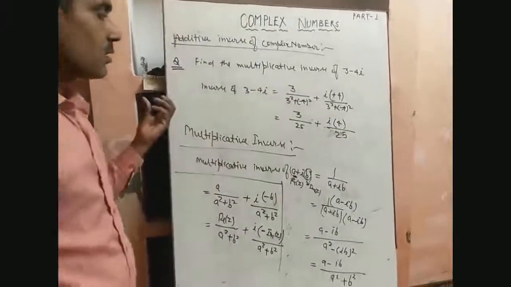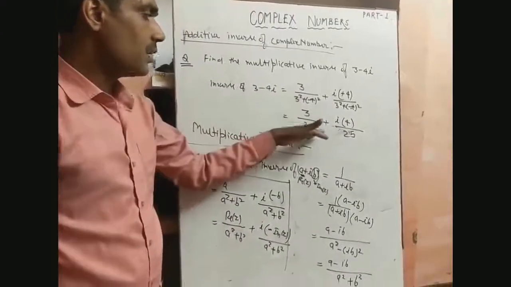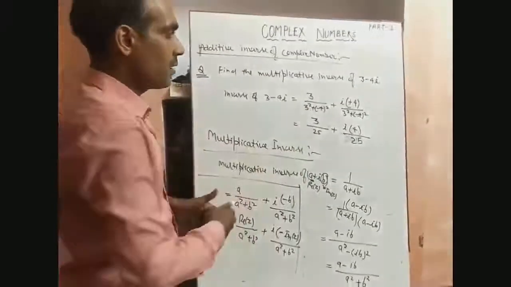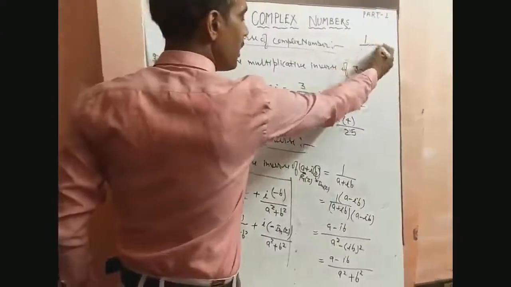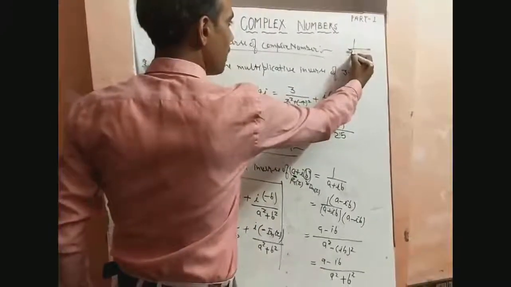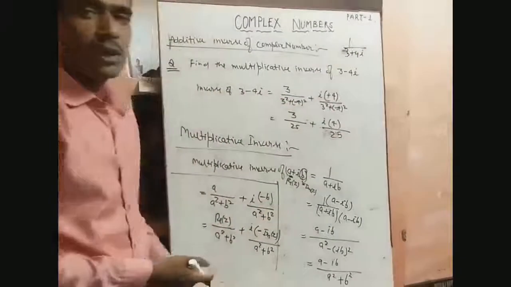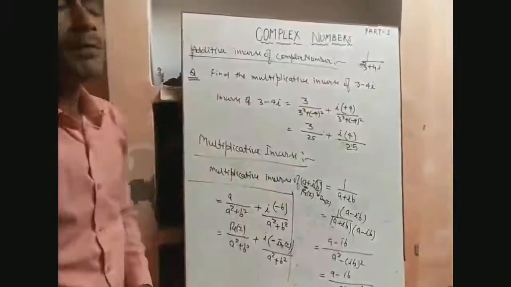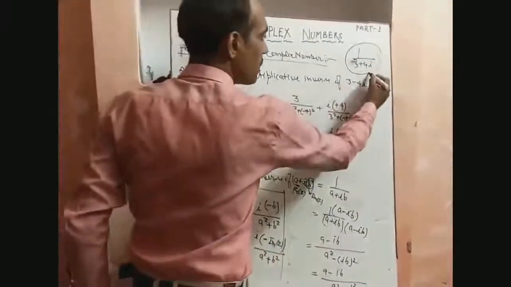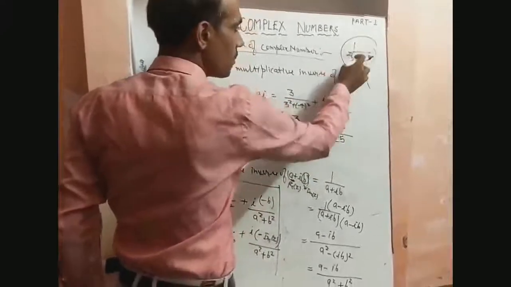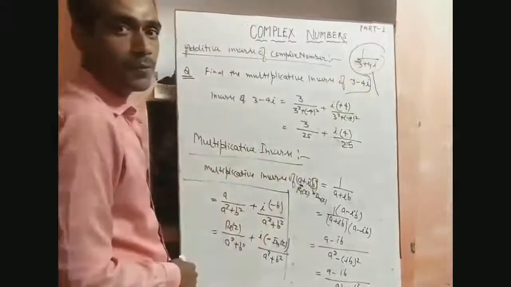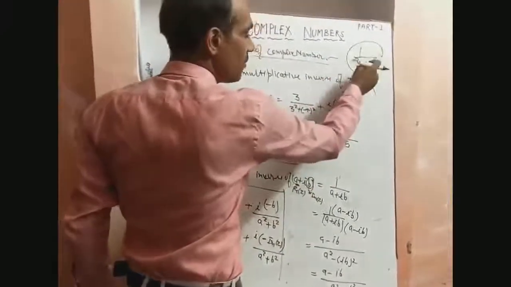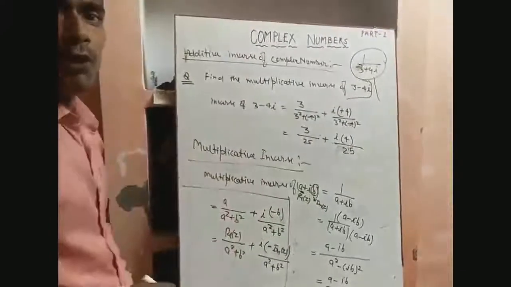And sometimes a question arises in the exam that a complex number is given in some form, like 1 upon 3 plus 4i. Okay, then the question is to convert it into a plus ib form. This type of question also arises in exams.